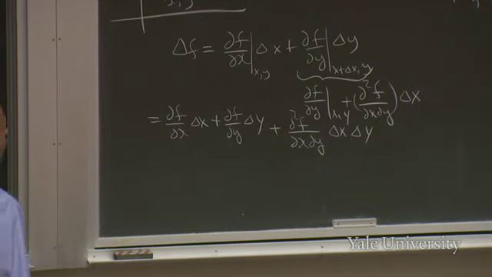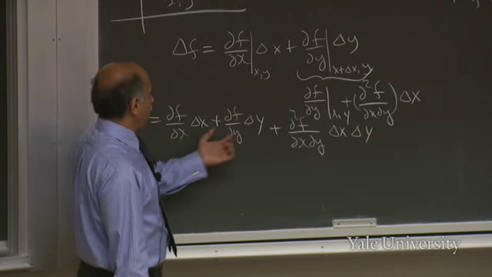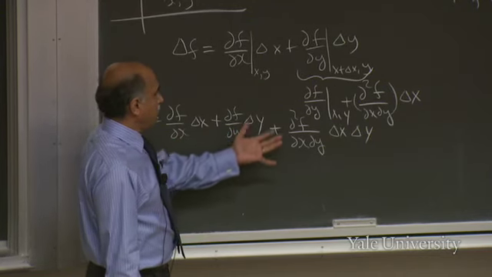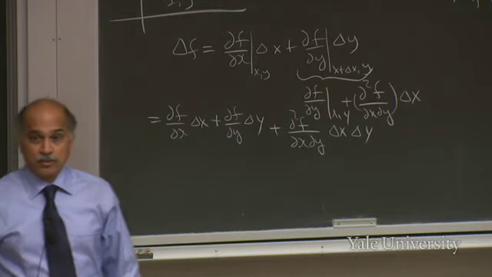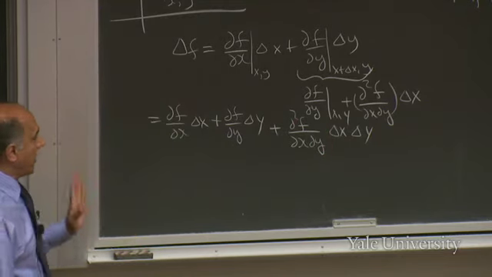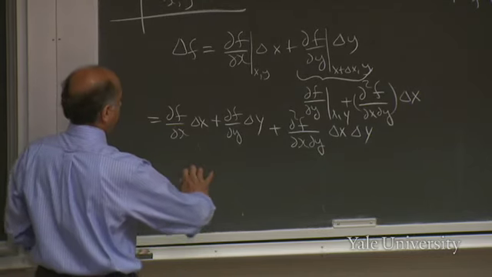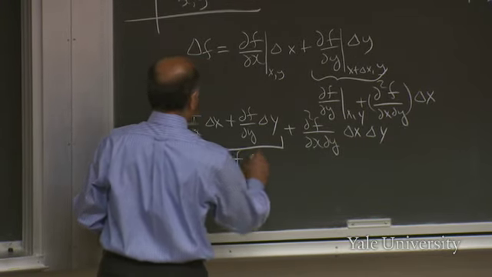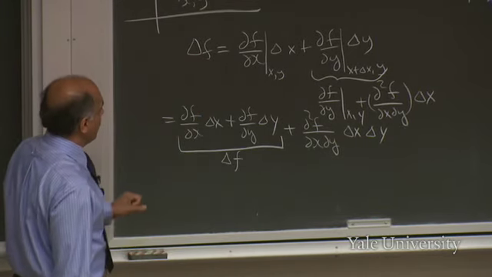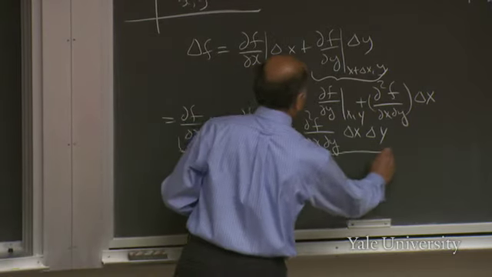Now, you got to realize that when you're doing these calculus problems, delta x is a tiny number, delta y is a tiny number. Delta x, delta y is tiny times tiny. So normally, we don't care about it. If you want to be more accurate, of course, you should keep that term. So in the first approximation, where you work to the first part of everything, this will be your delta f. But if you're a little more ambitious, where you keep track of the fact that the derivative itself is changing, you will keep that term.